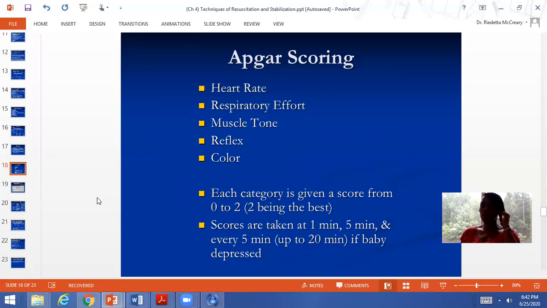Okay, APGAR scoring, really simple. With APGAR scoring, either it's great and they get a 2, or it doesn't exist and they get a 0, or it's somewhere in the middle and they get a 1. So if their heart rate is 100 or greater, they get a 2. If their respiratory effort is great, they're breathing just fine, no problems with color or anything like that, chest rise is great, all of that, they get a 2.